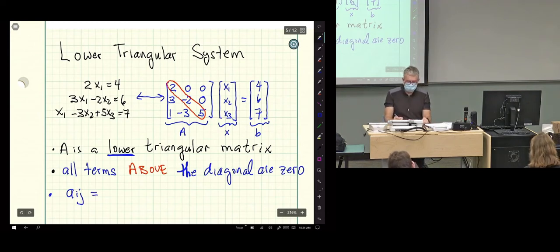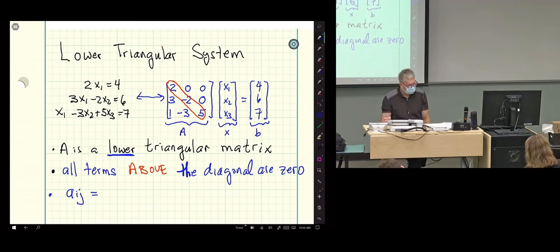Okay, so you recall our Aij notation. That's the element in the ith row and the jth column. What's the relationship we need on the Aij's so that the matrix is lower triangular? What's the relationship between the row index and the column index if I'm over here where I'm supposed to have a 0?